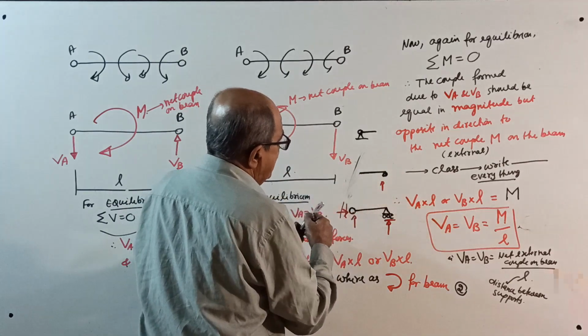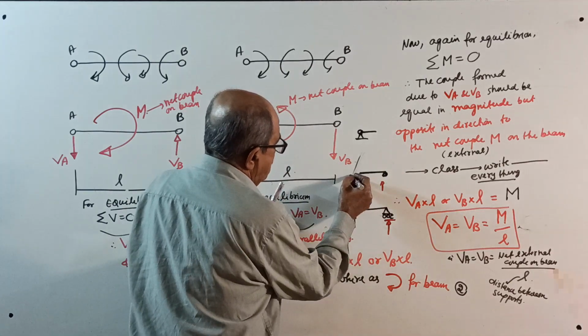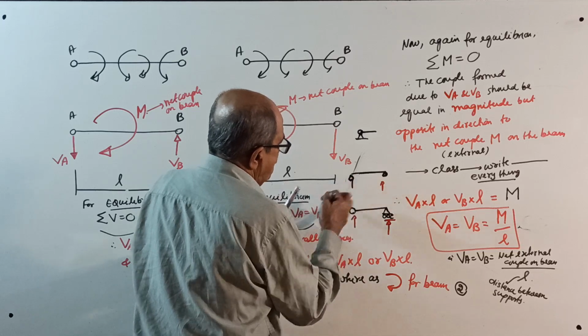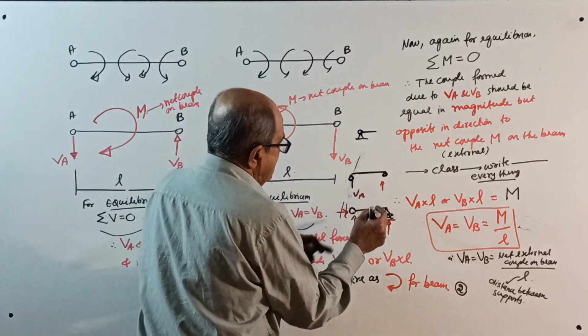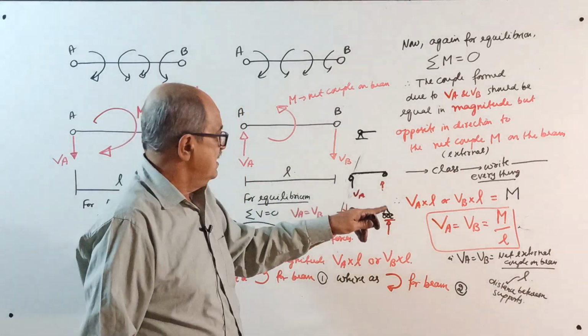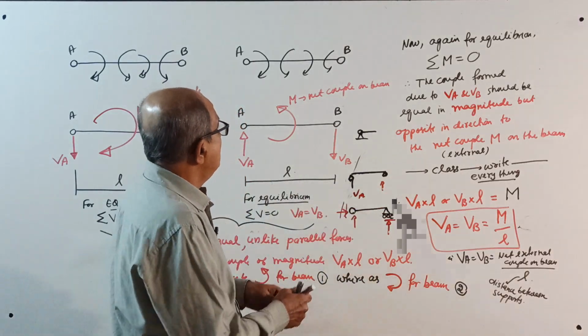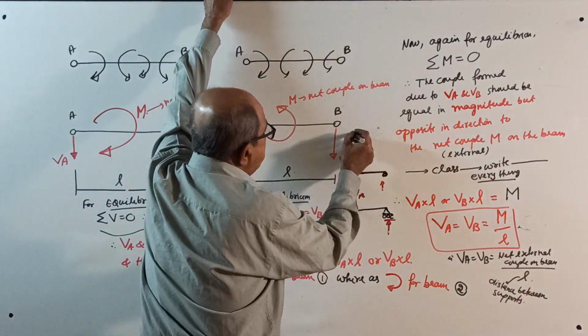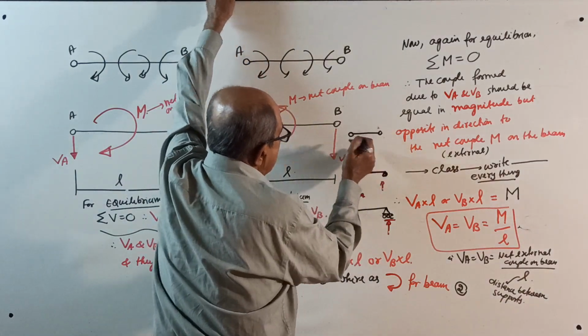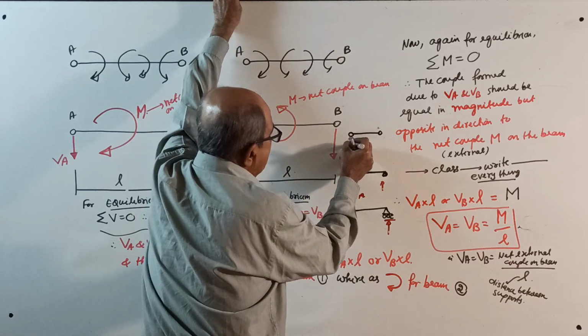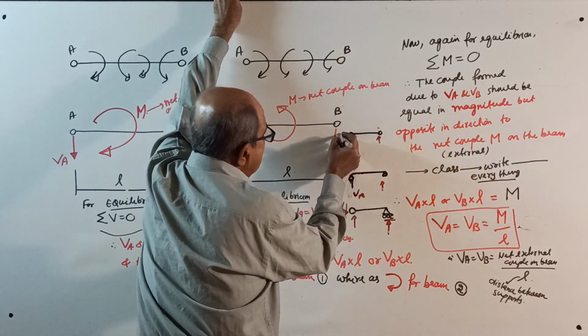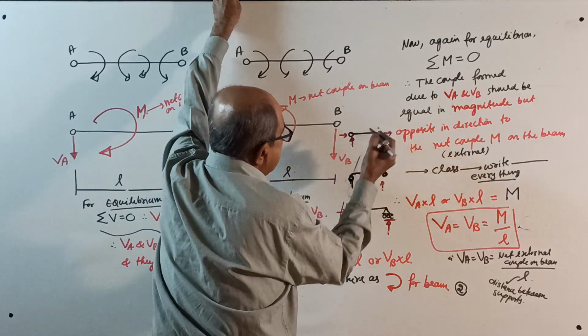Here I said both ends are simply supported. So here also vertical reaction, here also vertical reaction. Or if you consider both pinned, then once again vertical reaction, and there can be horizontal reaction here.